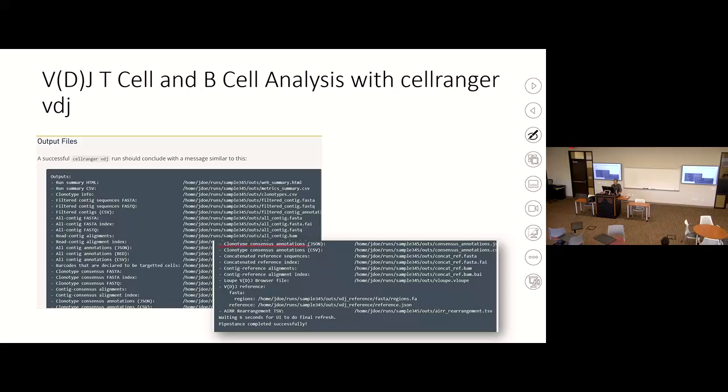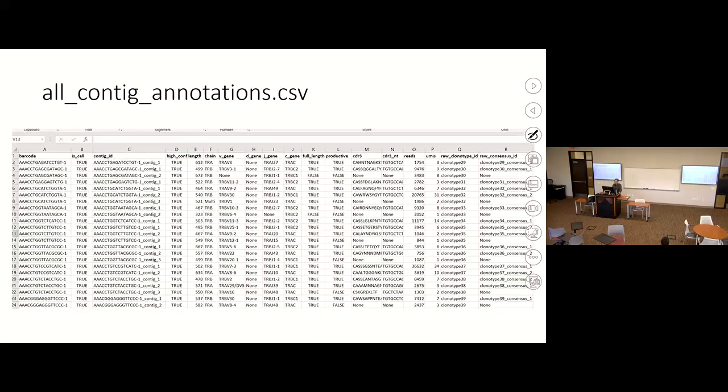They have a clonotype, they have reference, those extra files. When you open this, all contig annotation is only produced by this VDJ analysis.